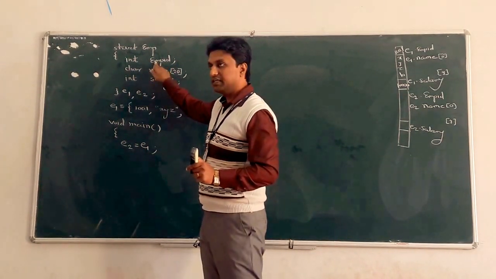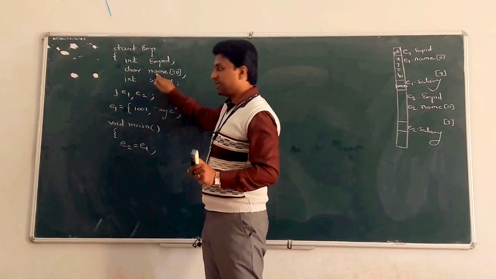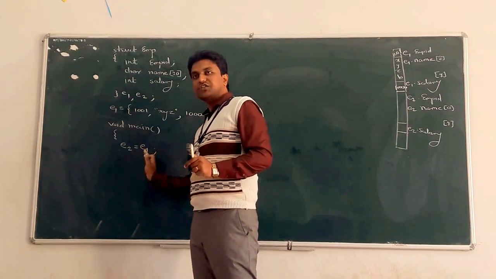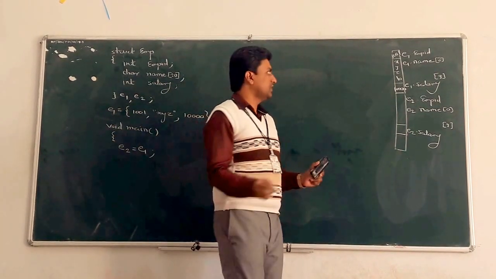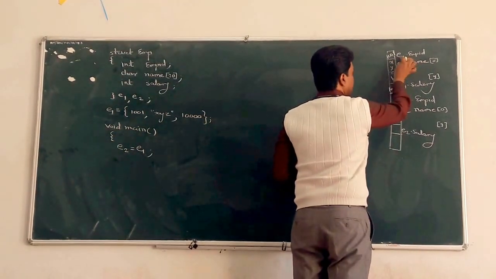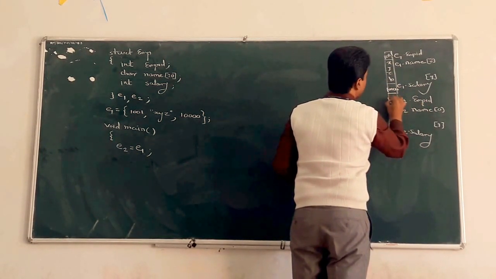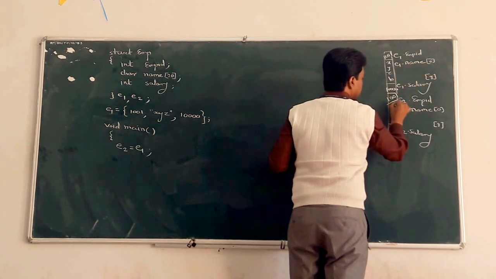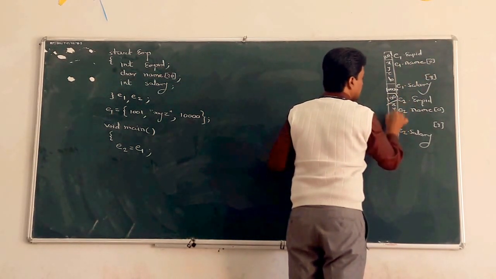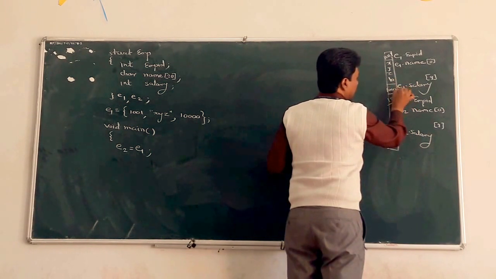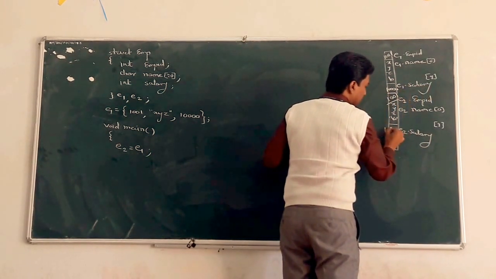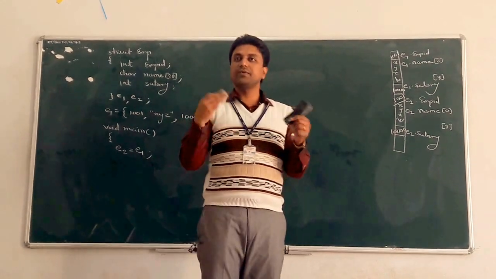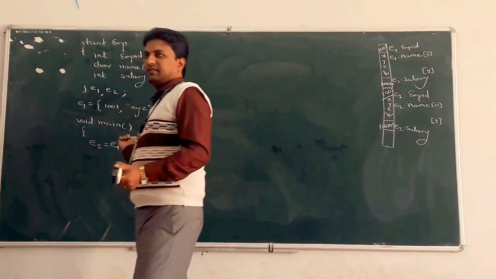E1 dot employee ID is one data member, E1 dot name, E1 dot salary are copied to the other structure variable. That means E1 dot employee ID is copied to E2 dot employee ID, that is 1001. Next, E1 dot name, that is XYZ and the null character, is copied from E1 to E2, and lastly E1 dot salary is copied to E2 dot salary. That is, copying is done data member by data member.